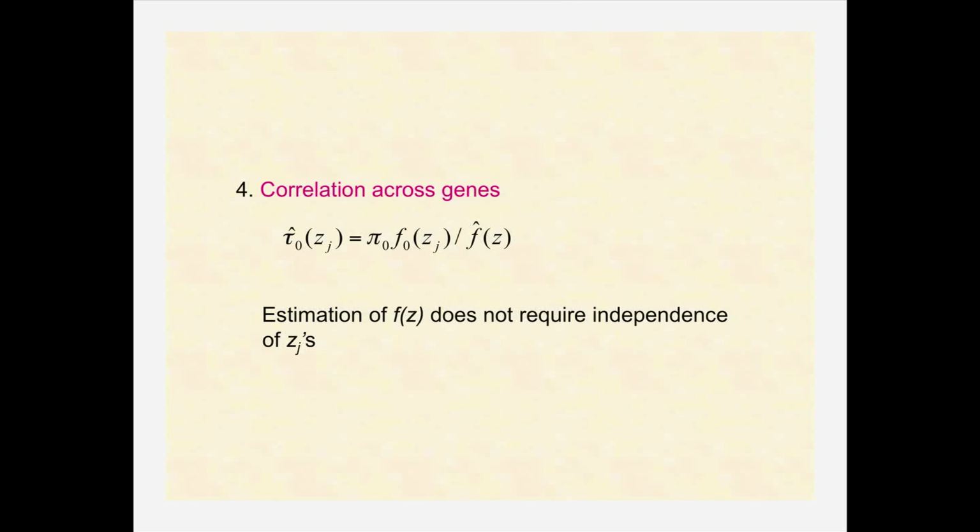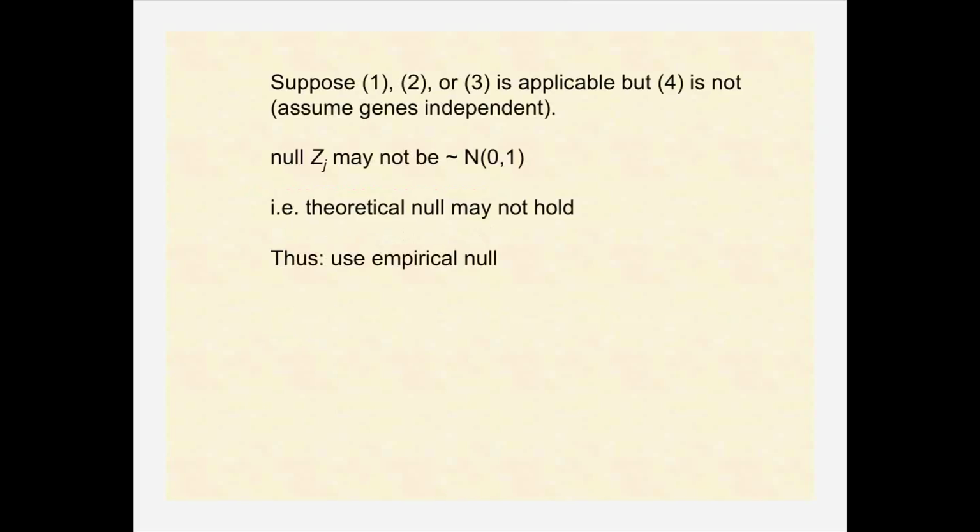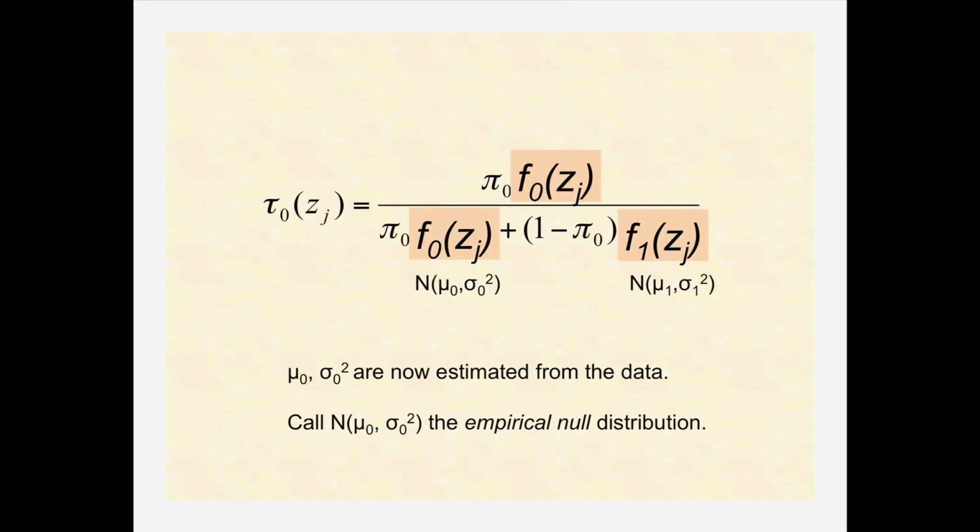So if we assume that the genes are independent for the moment, and just look at how we handle reasons 1, 2, and 3, Efron's suggestion is that we just estimate pi naught from the data.